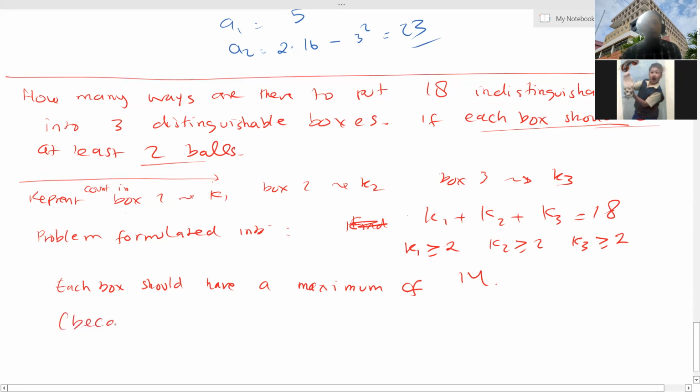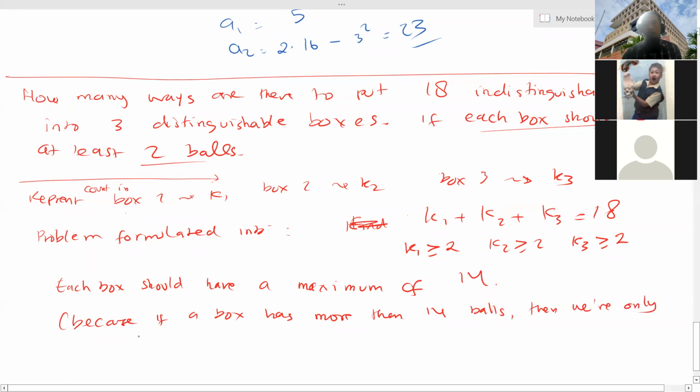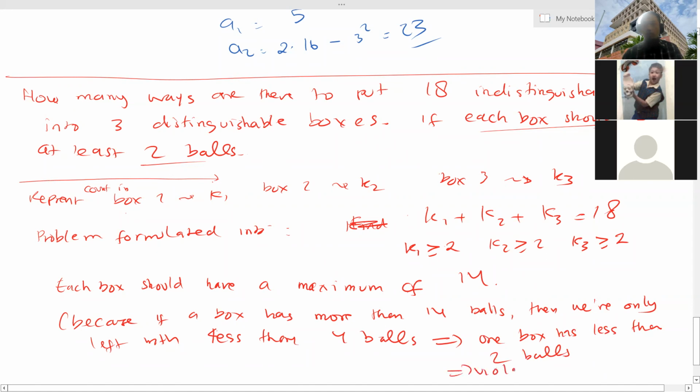Because if a box has more than 14 balls, then we are only left with less than 4 balls, which means one box has less than 2 balls, which violates the requirement, the condition.